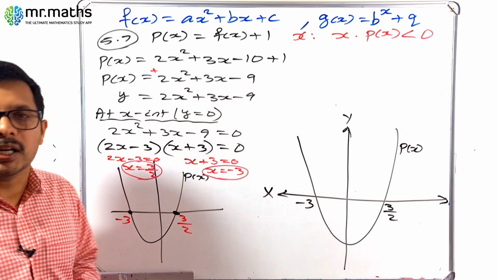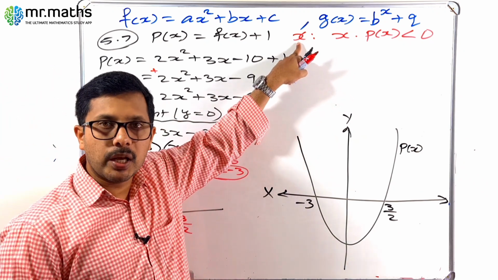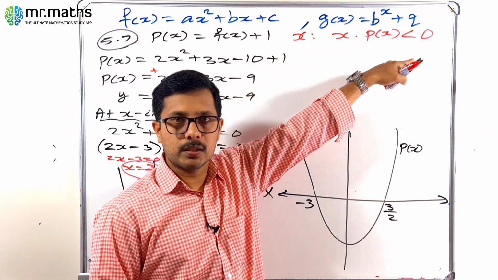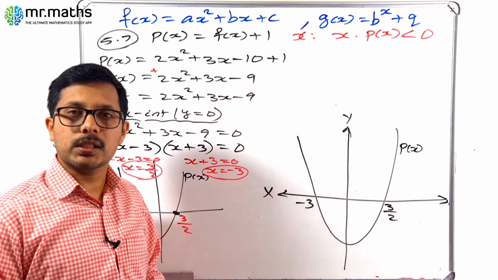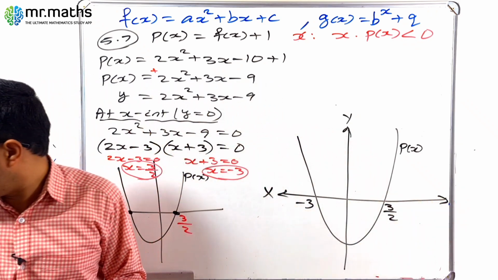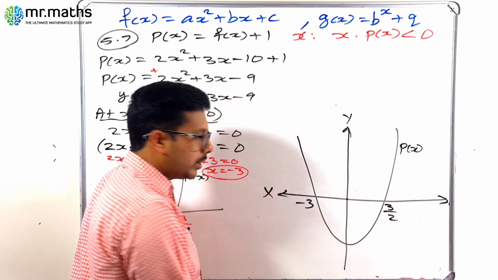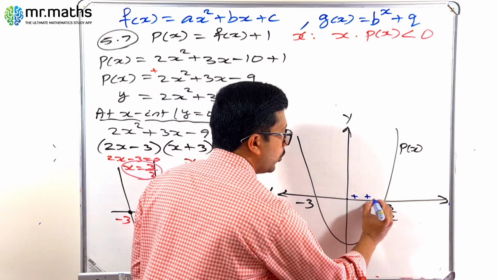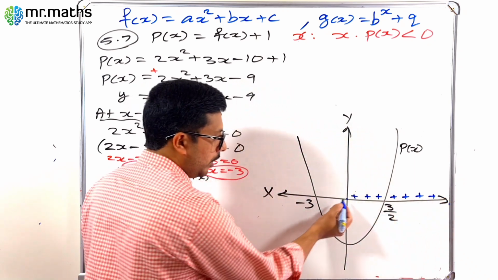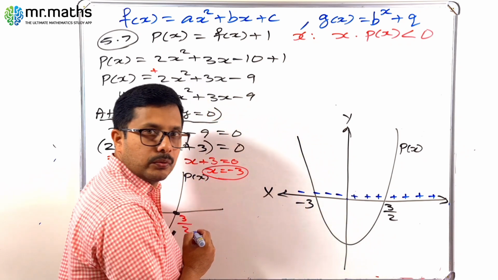Okay, so now what is our question? Our question is, you have to find the x values where x times p of x is less than 0. These are the x values. After the origin, the x values are positive, and before that, the x values are negative.